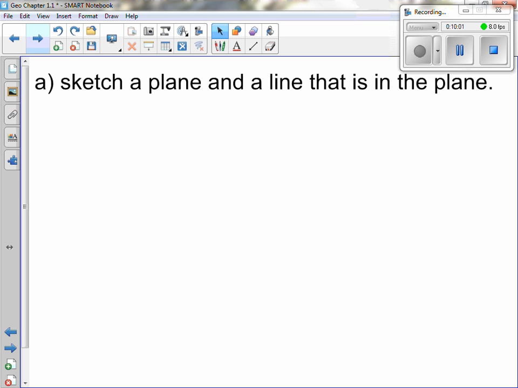If you're thinking, it can't be that easy, it probably is. So give this a try. Sketch a plane and a line that is in the plane. Almost. You're just missing one little thing.